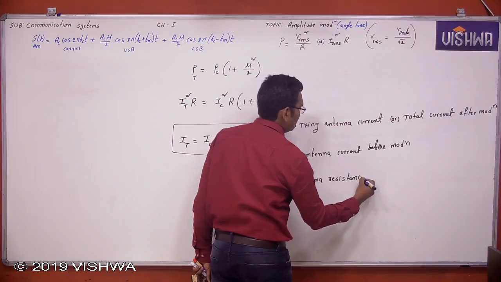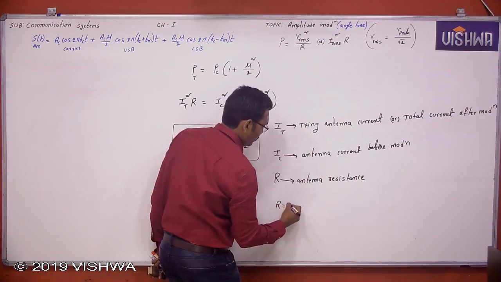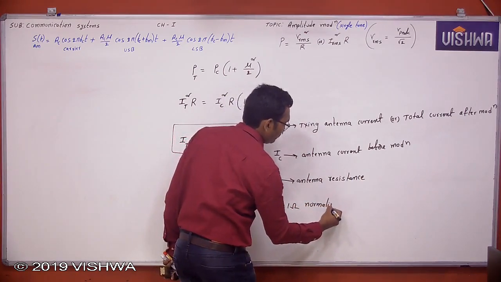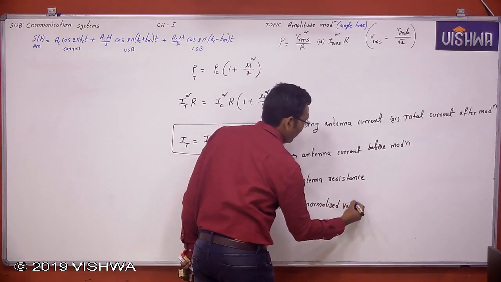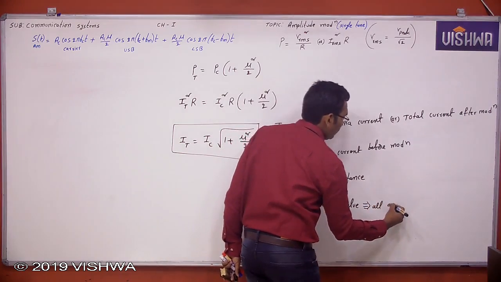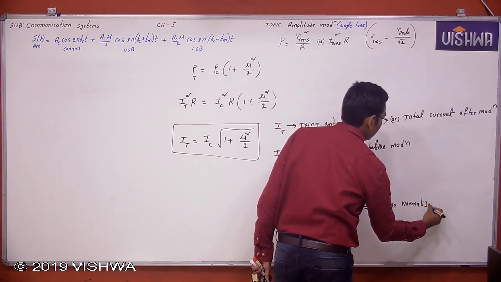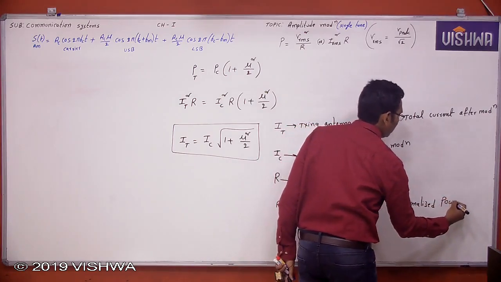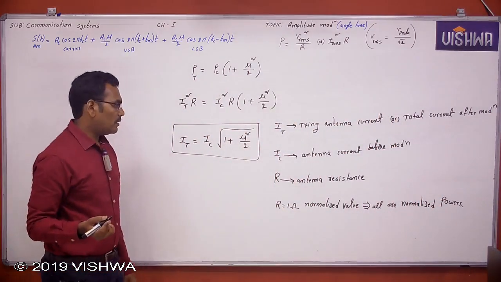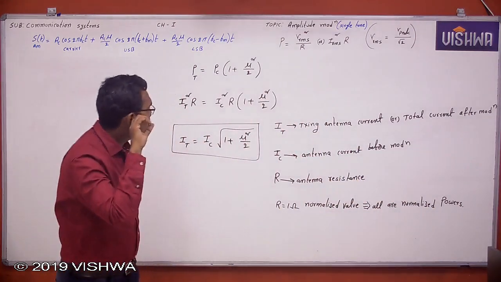If the antenna resistance is not given, take R equal to 1 ohm, the normalized value, and all are then normalized powers. Note this down.